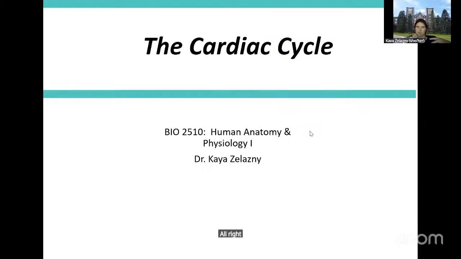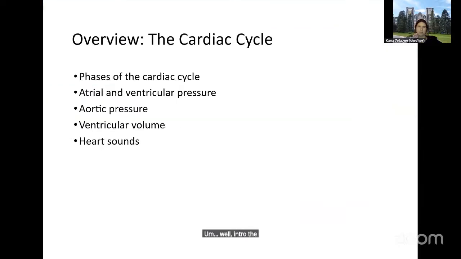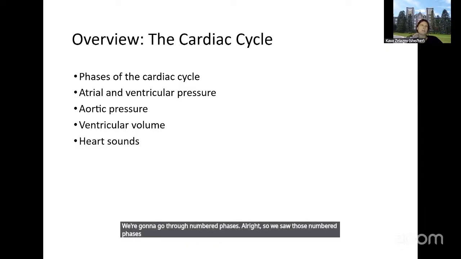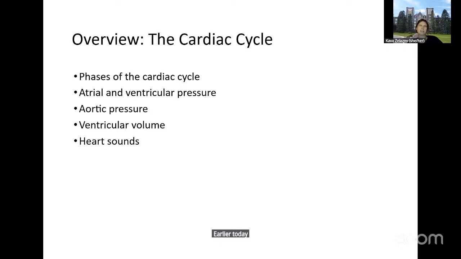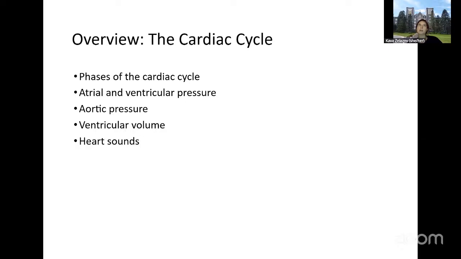All right, we'll intro the cardiac cycle a little bit. Overall, we're going to go through numbered phases. We saw those numbered phases earlier today in our cardiac contractile cells. Unfortunately, those are totally different numbers and totally different phases. You should know them, but the ones we're about to talk about in the cardiac cycle are top level what you want to study.